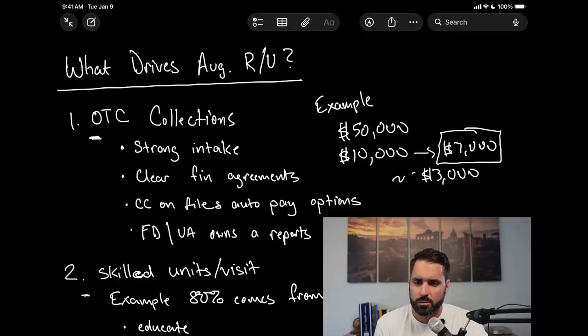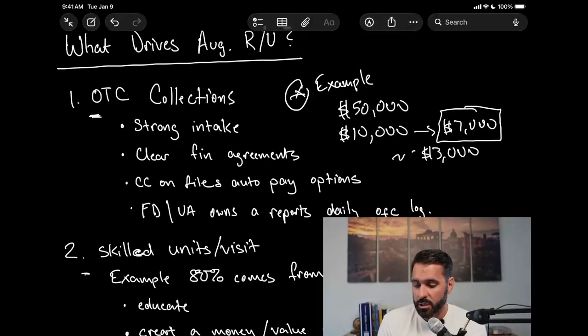All right. So as an example, if your over-the-counter collections are sitting at around 70%, that's a big difference. So you can see in this example here, over on the right, let's say your average monthly revenue is around $50,000.